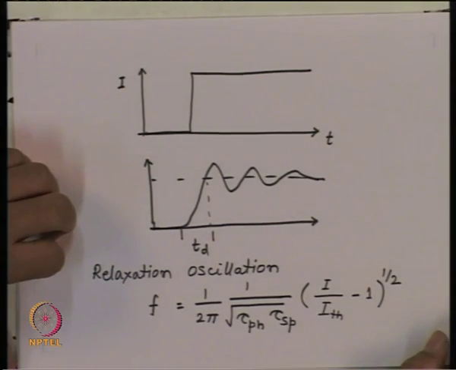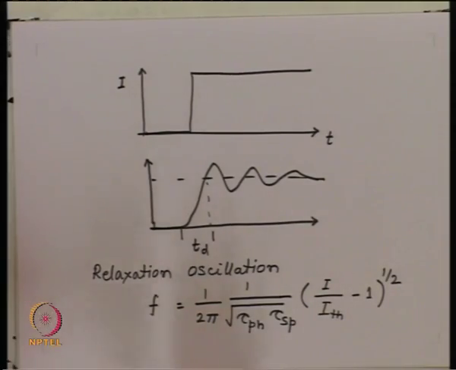So, one can then ask now that if I want to use the laser for a digital modulation scheme, what are the limits of the modulation frequencies? What is going to now decide what is the highest frequency to which the laser can be modulated?